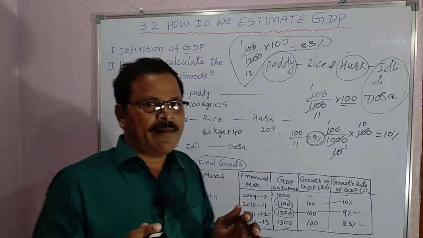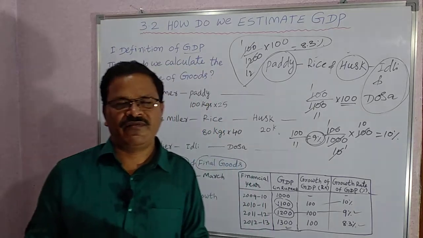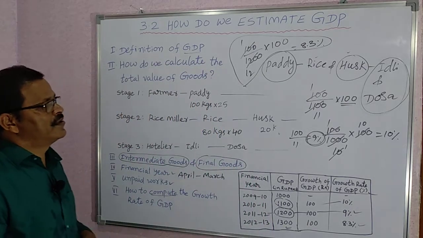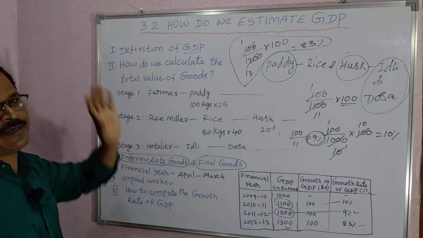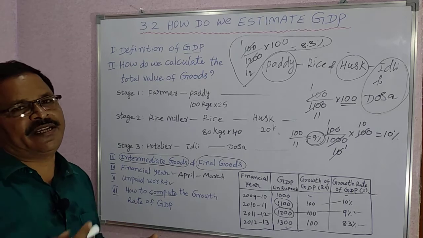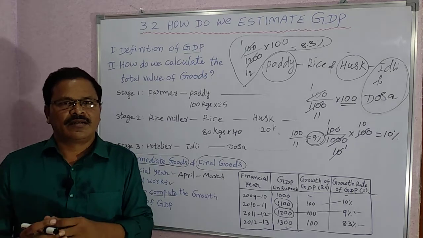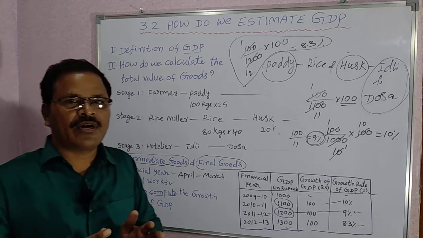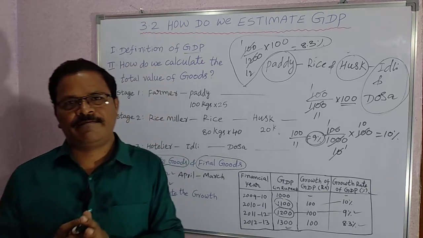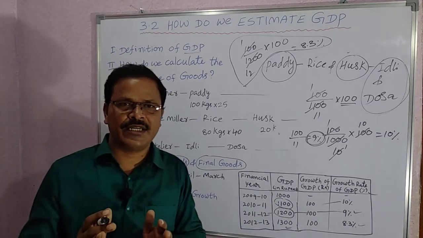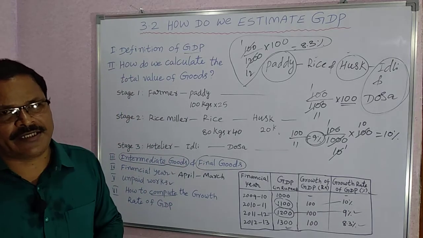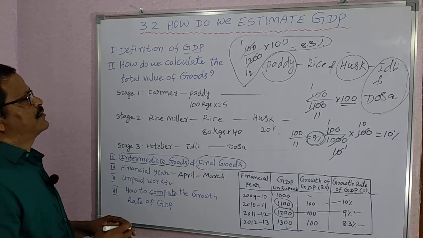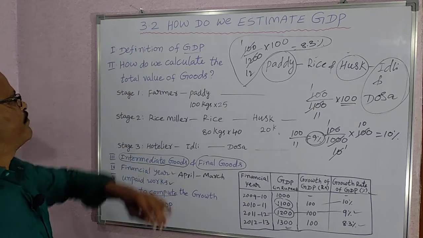That is some of the lesson we learned today. First, we discussed the definition of GDP. Once I'm repeating this, the total value of goods and services produced within a country during a particular year is called gross domestic product, GDP.